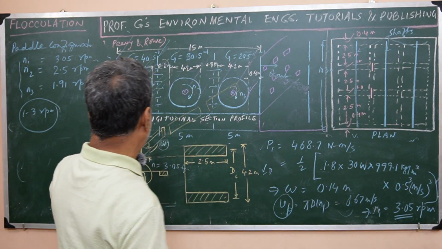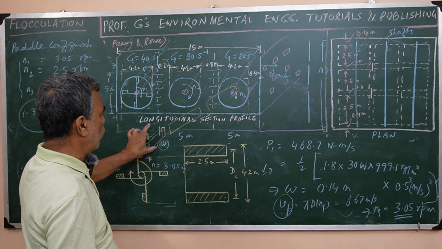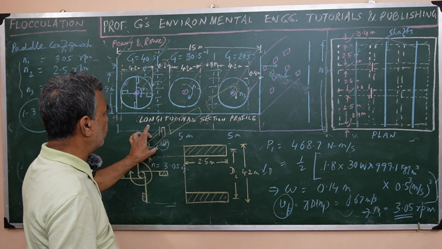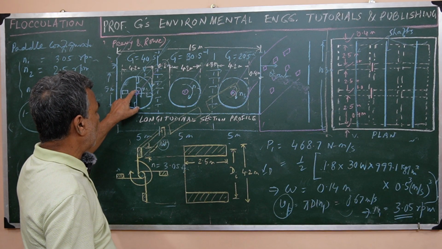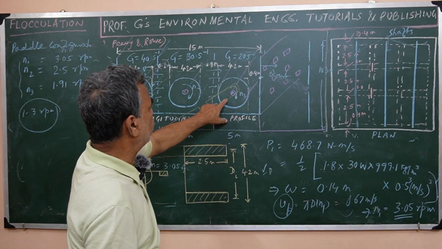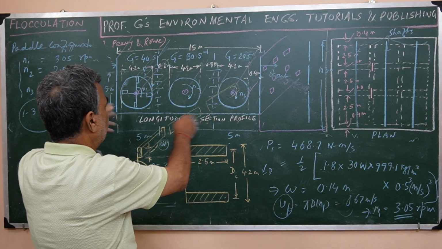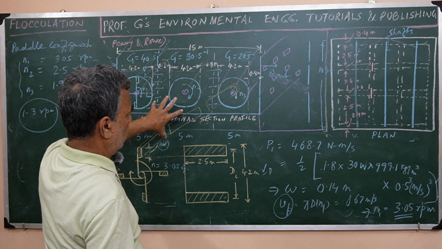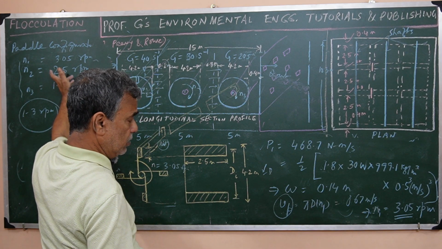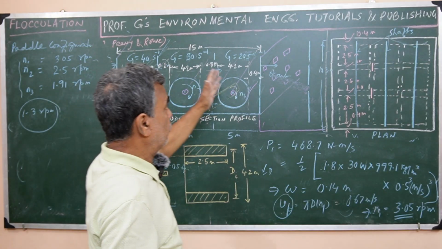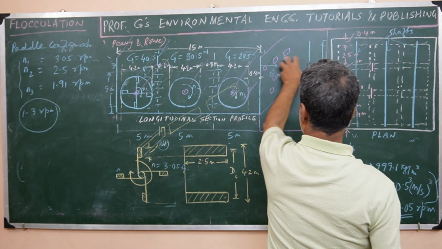So that is why it is better to use the standard boards or paddles. And here you have to calculate the shaft speed, and do the dimensioning according to the detention time or the design values, and the perforation size also.